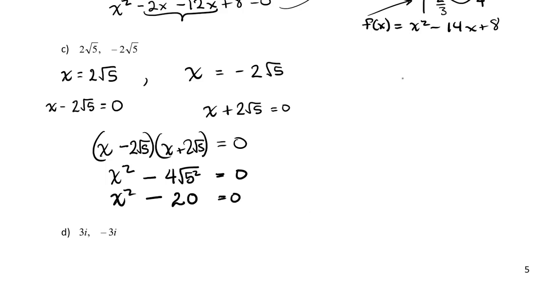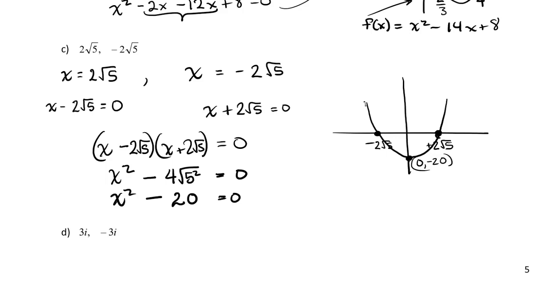The two solutions are negative 2 root 5 and positive 2 root 5. The parabola opens upwards, and the y-intercept is at 0, negative 20. My function is opening upwards, and the form for the function that I just sketched would be f of x equals x squared minus 20.